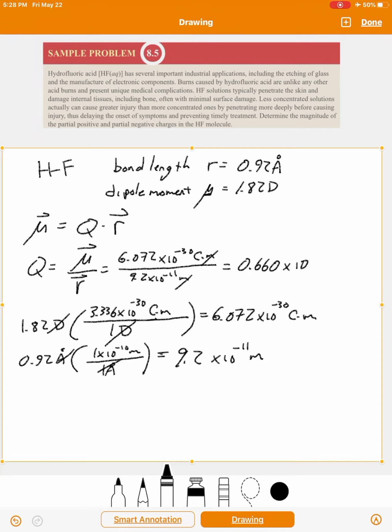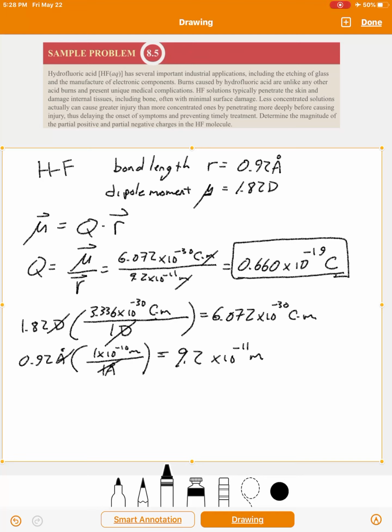Negative 30 minus a negative 11 is negative 30 plus 11, so that's negative 19, right? And then the units are in coulombs. Okay, so that's the charge on each atom in coulombs.